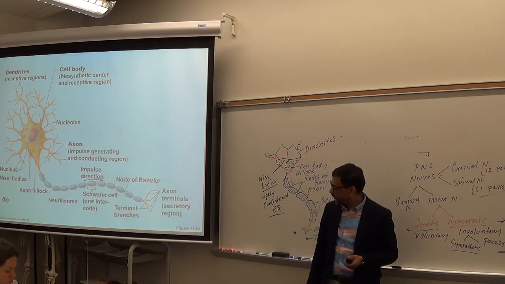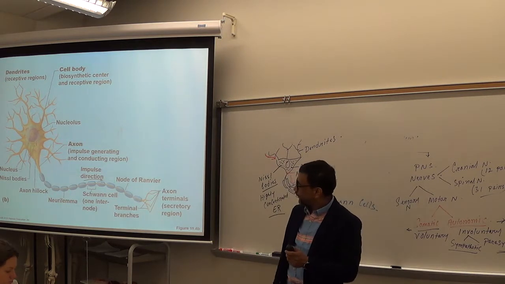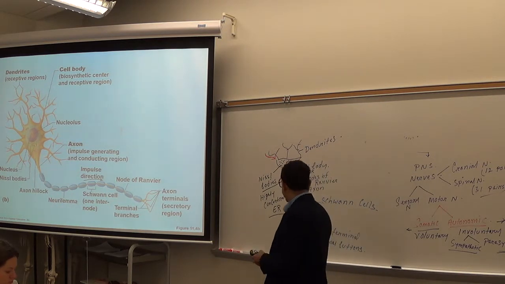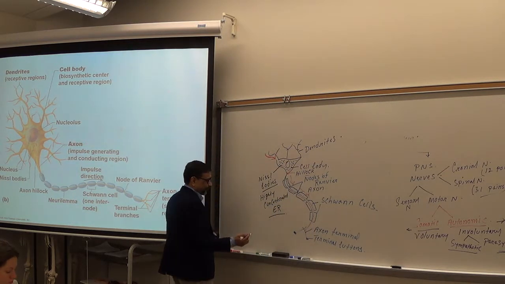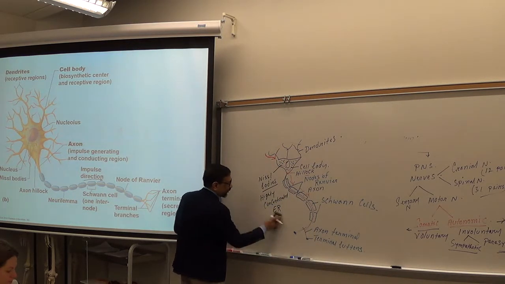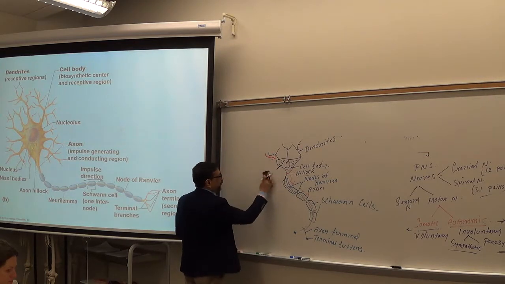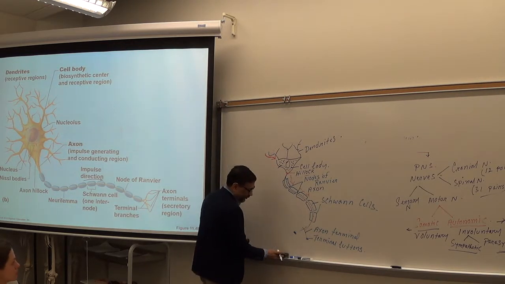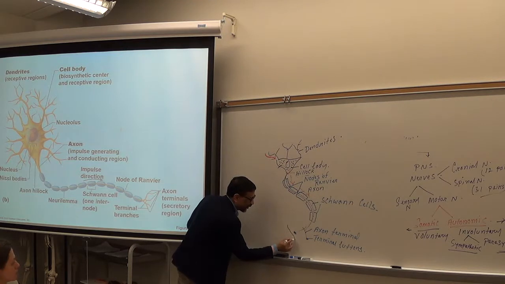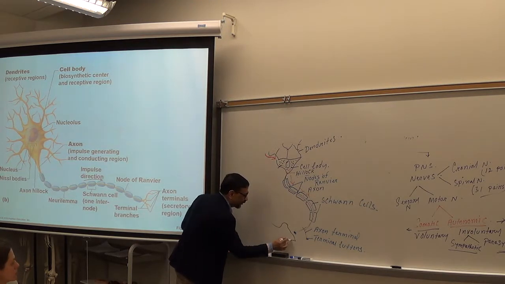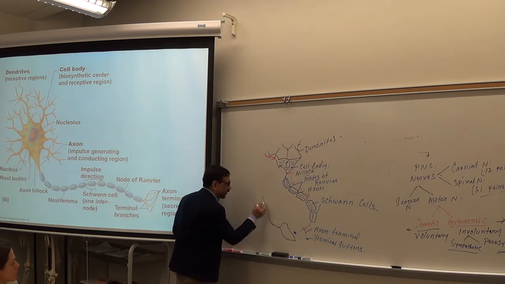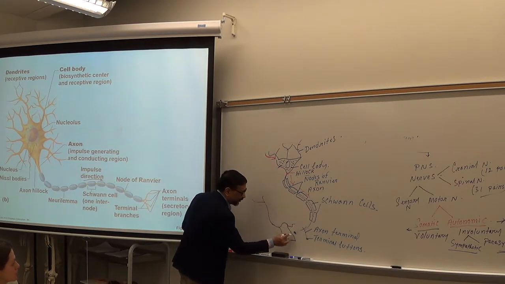So here you see a typical neuron. Now, neurons are connected to each other. So this is another neuron, dendrites.